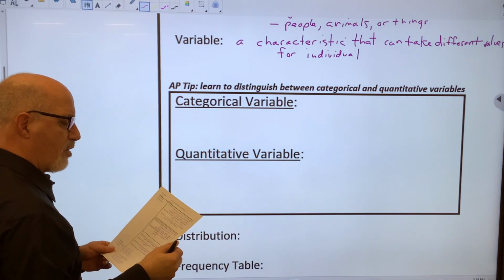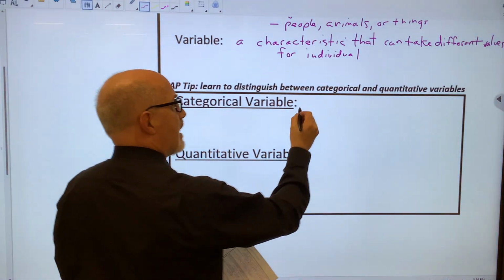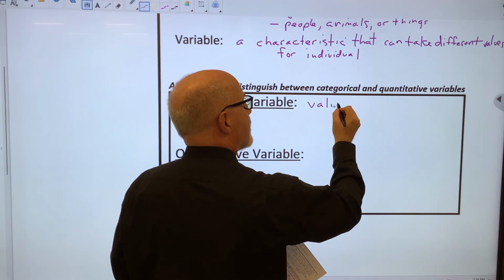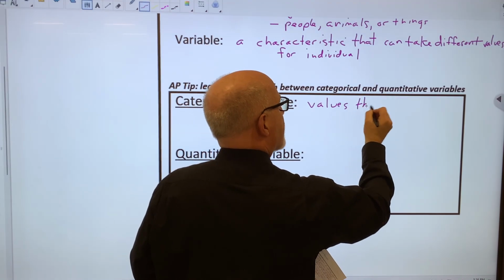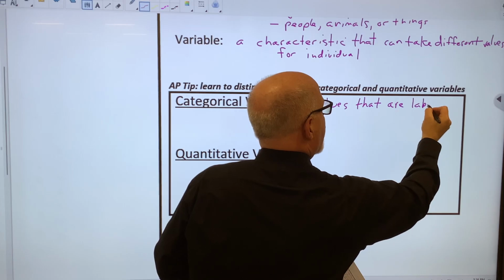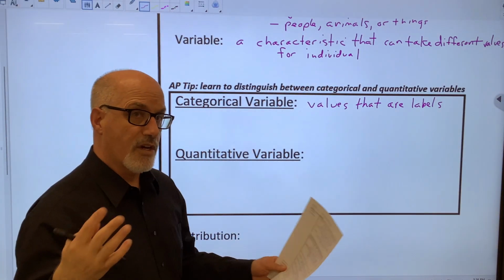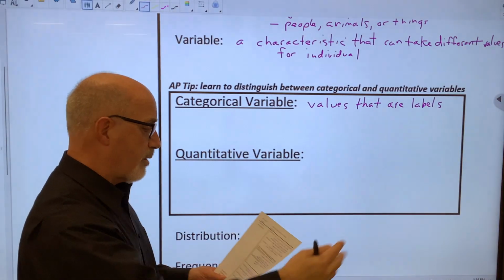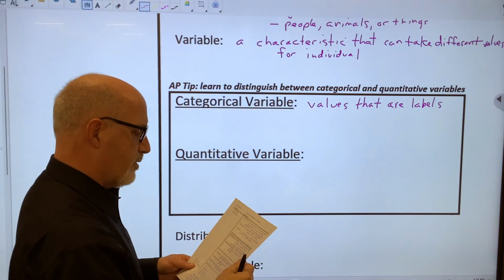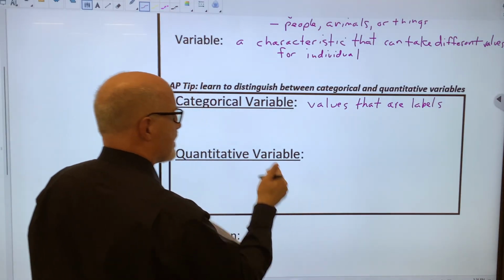So a categorical variable is one that has values that are labels. Okay, so it might be different breeds of dogs would be the labels that we would give. Also for this, it places an individual into a particular group.